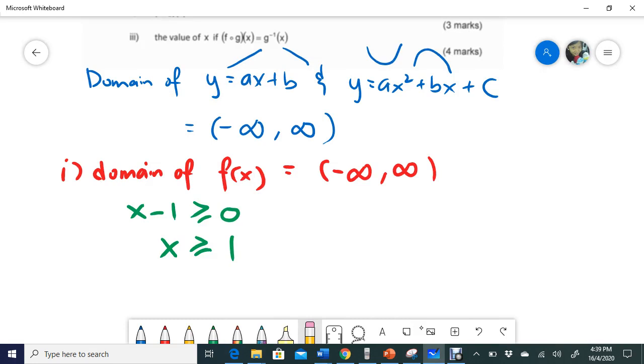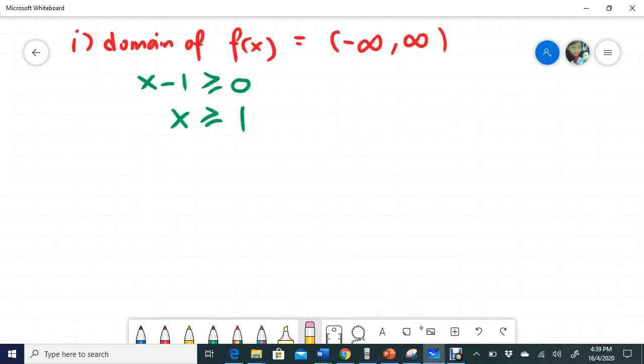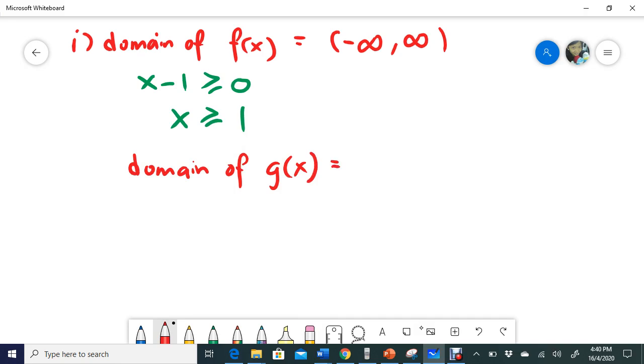So do write back the domain of gx. As I always tell you, don't let your examiner guess your answer. Do remember the package of your set. Then after that, substitute back. This one should be okay, right?